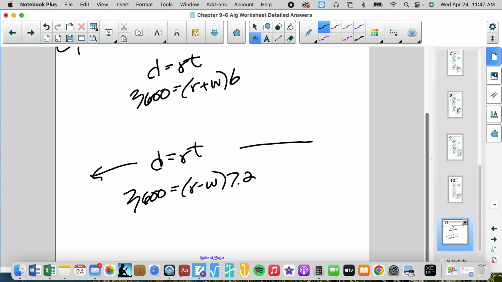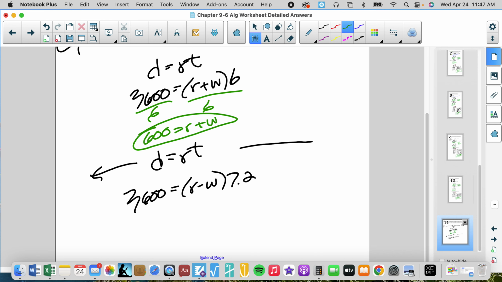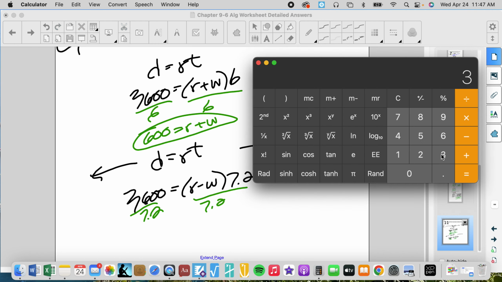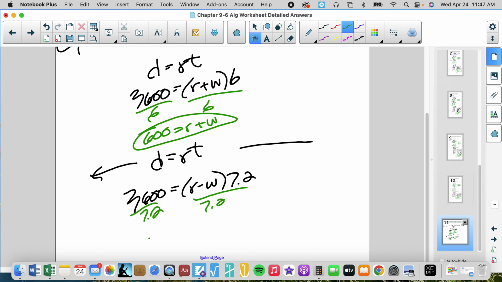Let's divide by 6. That's easy. 600 equals rate plus wind or current. Divide by 7.2. That one I may have to do. 3,600 divided by 7.2 is 500. 500 equals R minus W. All right.